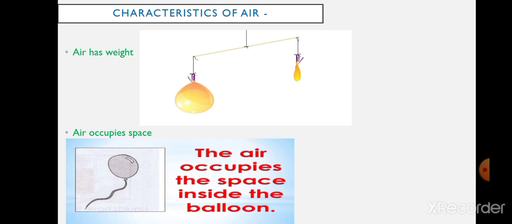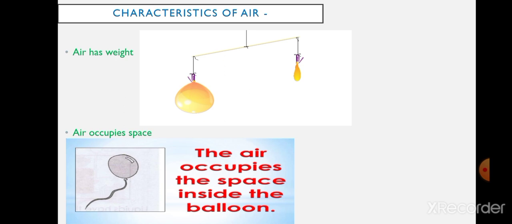If we hang two balloons filled with air, like you can see in the picture, tied at two ends with a string, and keep it on a stick, and afterwards you burst one of the balloons, the other one with air will come down slightly, and the one without air will go upwards. Why? Because the one which has weight will come down, right?